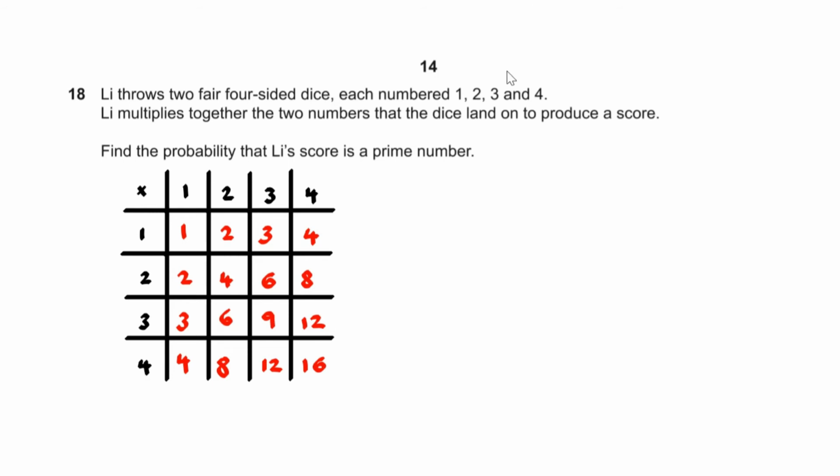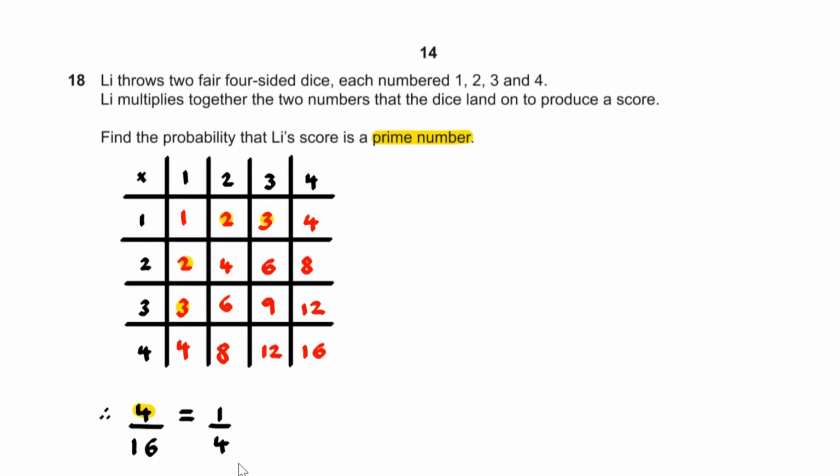Now, how many prime numbers do we have? Well, we've got 1, 2, 3, 4 of them. So out of 16 scores, we've got 4 prime numbers out of 16. And this probability will simplify to a quarter.